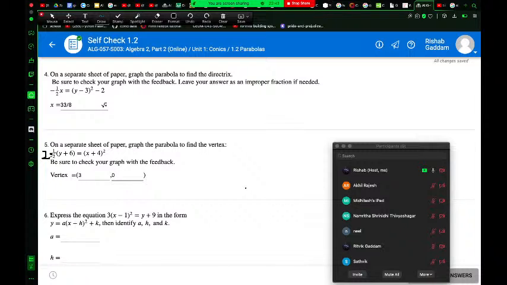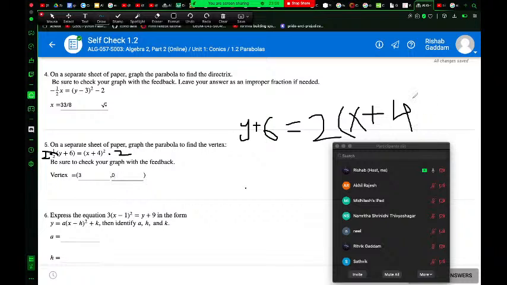This becomes y plus 6 is equal to 2 times x plus 4, squared.